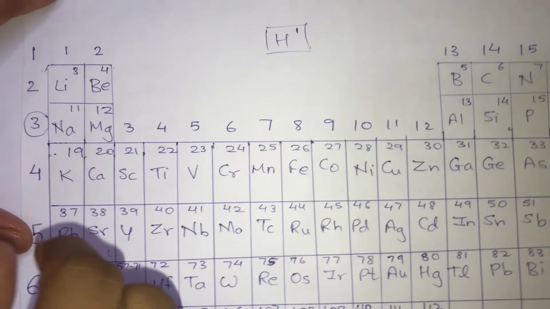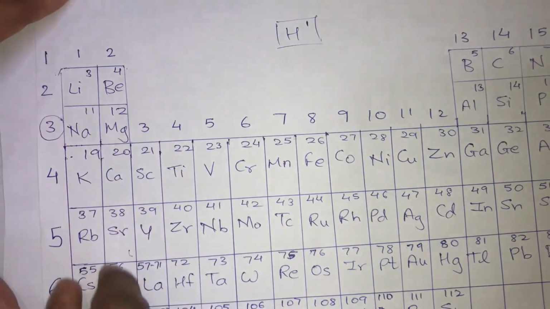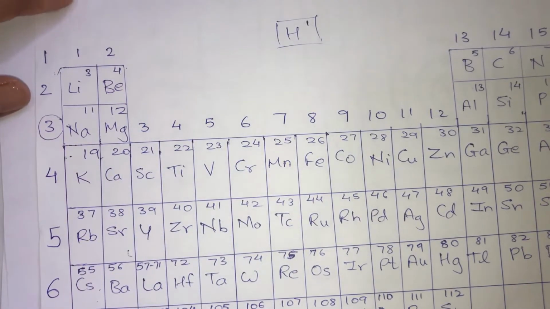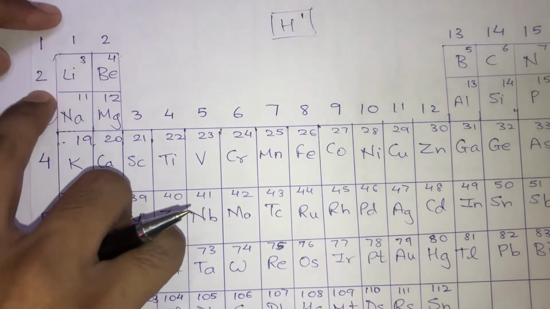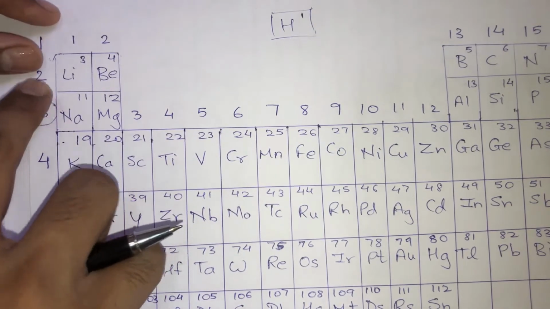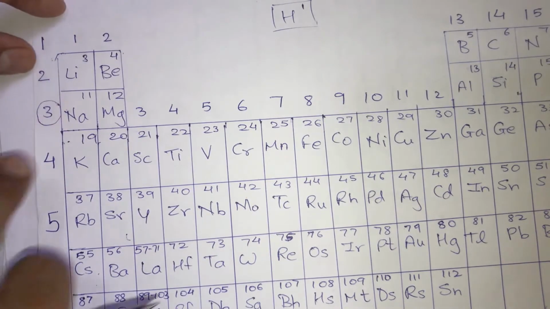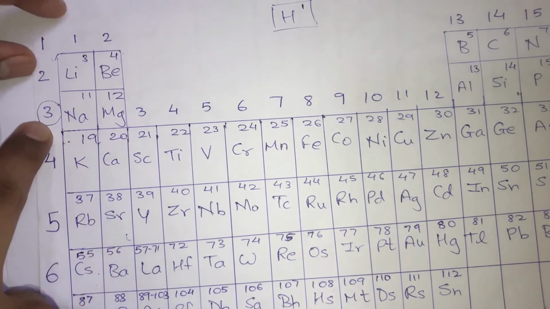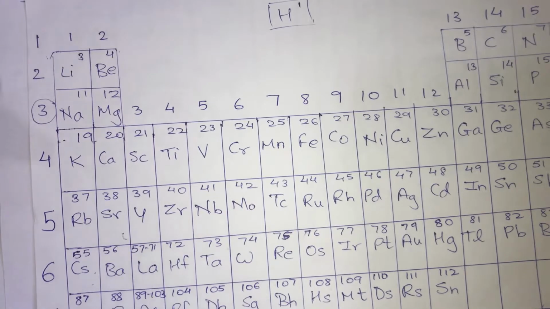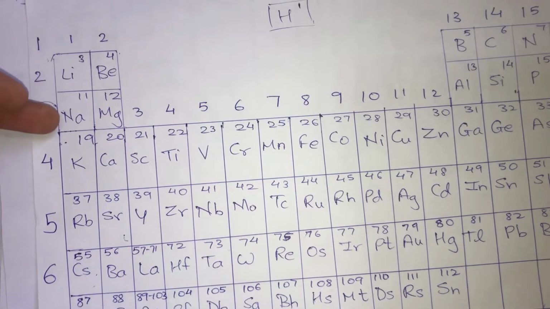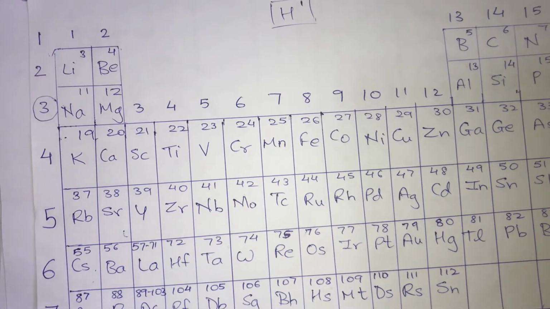Now if I consider the first group, in lithium there are 2 energy levels. When I move from lithium to sodium, I get 3 energy levels. So can I say, as I moved from lithium to sodium, there is an increment in energy level by 1. One energy level is getting added.